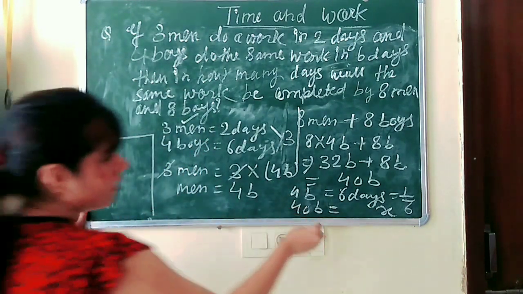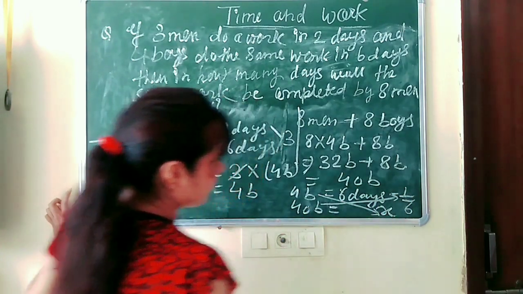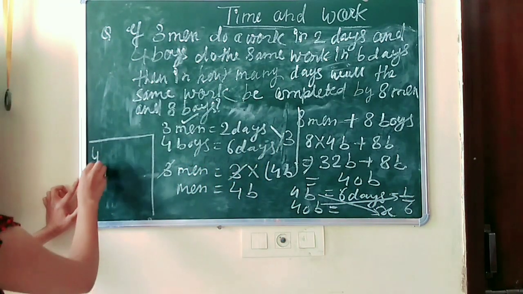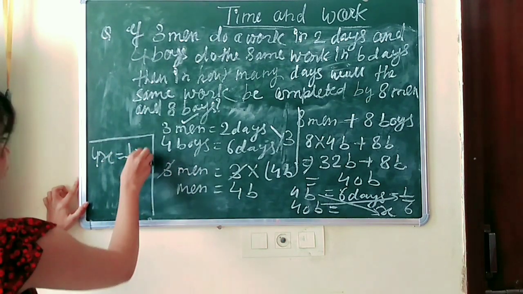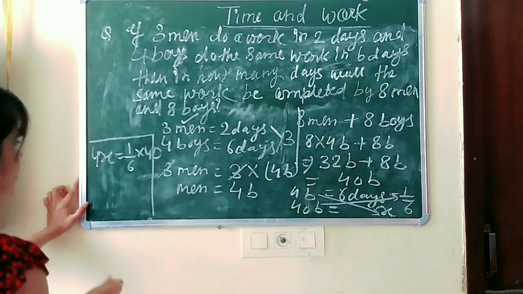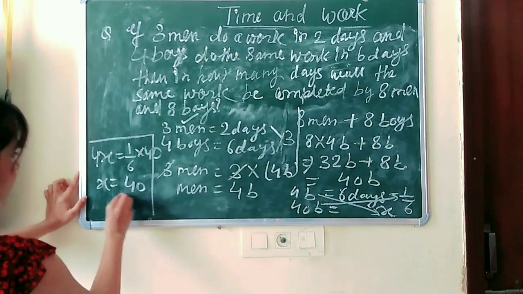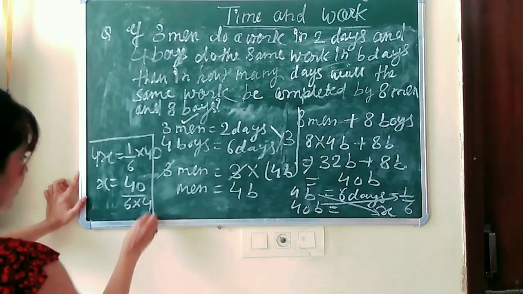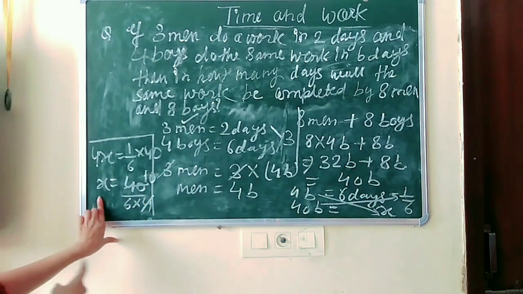Now we will solve the equation by cross multiplying like this. So this will be 4x equal to 1 by 6 into 40. So x will be 40 by 6 cross 4. This will be 10 by 6. So this is x.